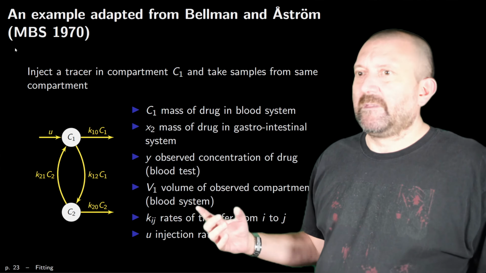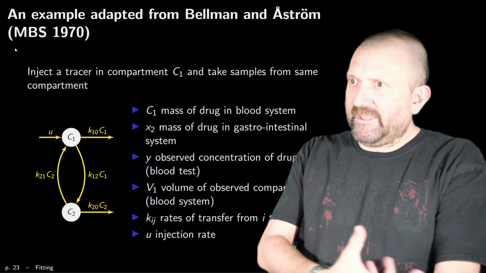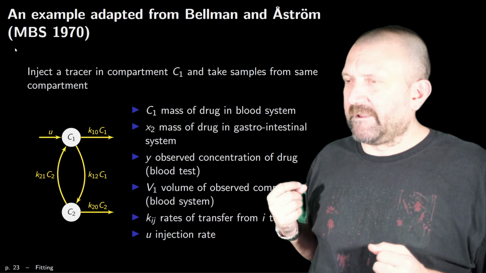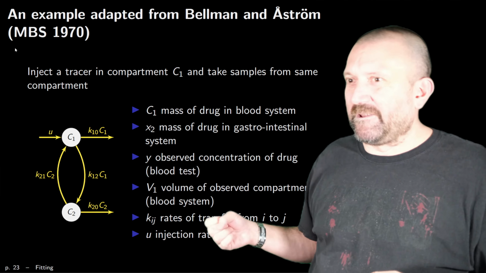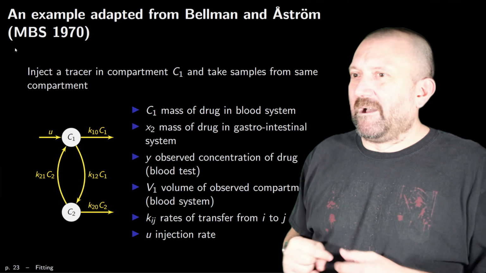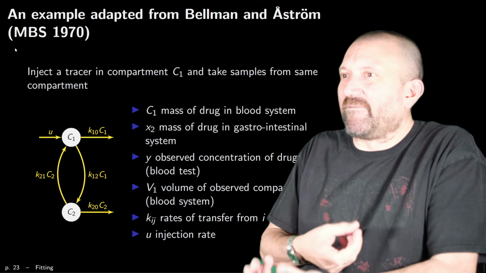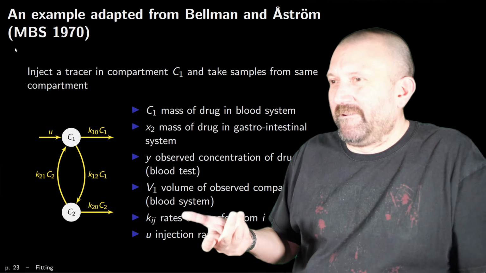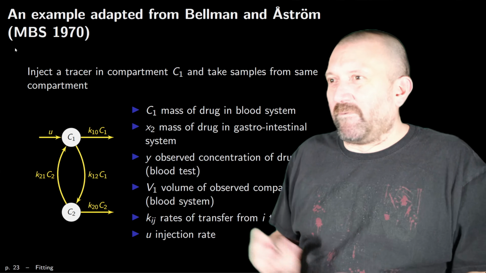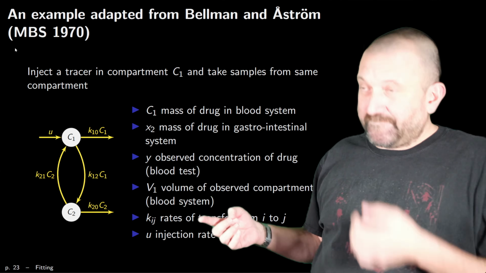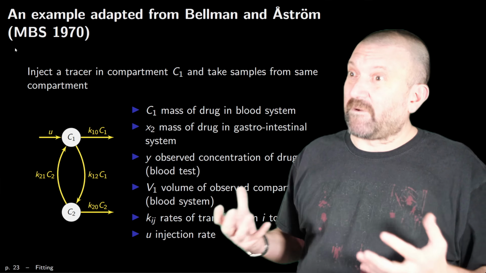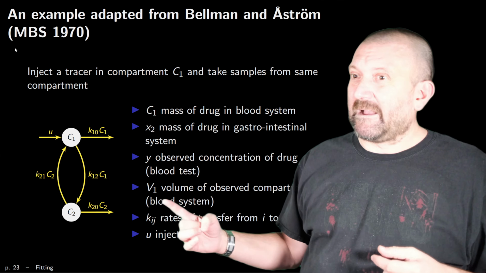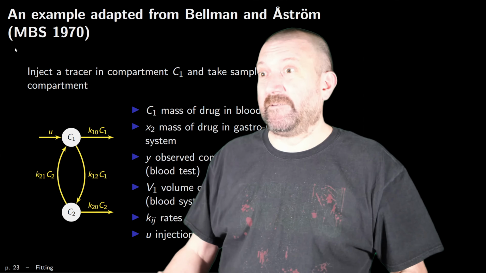Now, what's going to be important is the sampling that I do: I'm going to observe some liquid volume of blood, say 1 cc of blood. But if I want to know how much drug there is in the system, in a way, I have to know how much blood you have in your body.